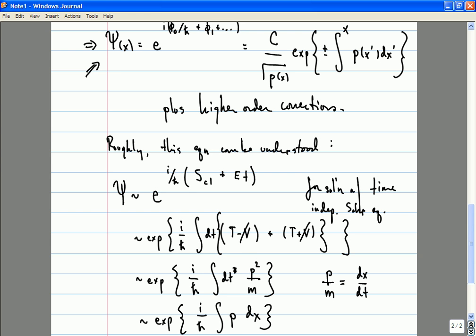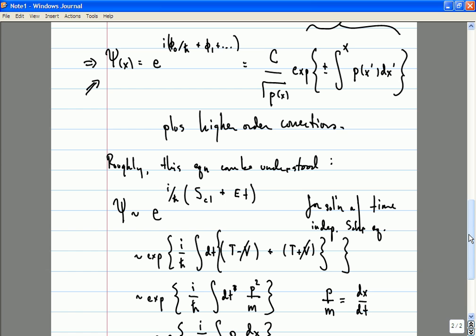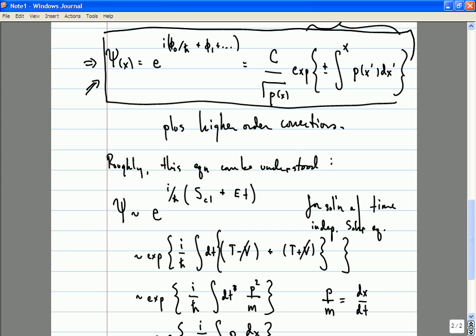So you see that what we have derived here, the WKB approximation, is really nothing more or nothing less than our old friend, the classical action, now rewritten in terms of a solution of the time-independent Schrodinger equation. And this coefficient here is the first non-trivial correction to this semiclassical result.